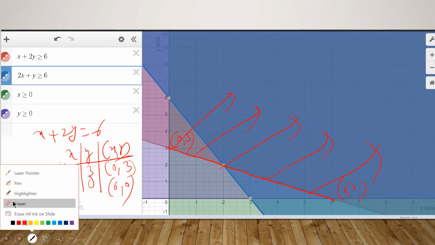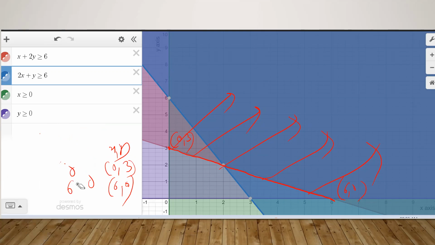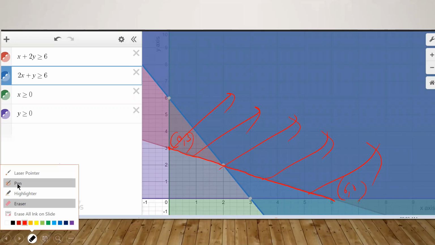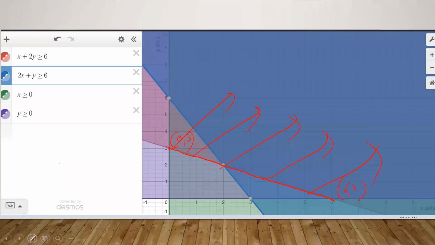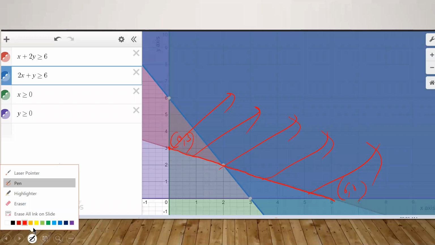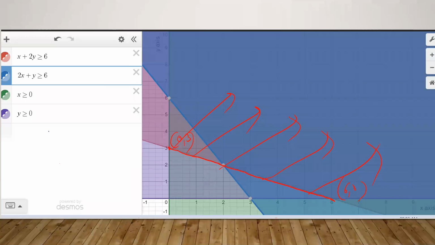Now let us draw the other region. What is the other region? The other region is given by 2x plus y greater than or equal to 6. So first I will have to draw the line. Let us make a table like this.